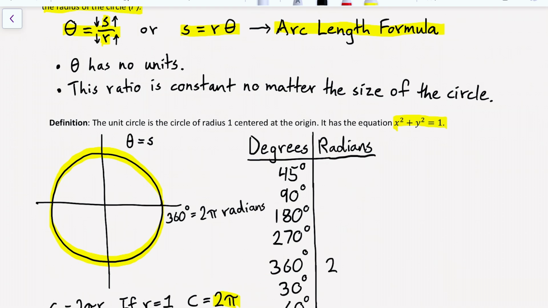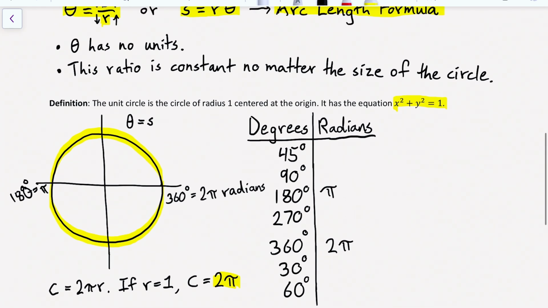So a 360 degree angle corresponds to 2 pi radians. I'm going to make a chart here of common degree measures and radian measures. So degrees, 360, corresponds to 2 pi. We could cut this in half. 180 degrees corresponds to pi radians.